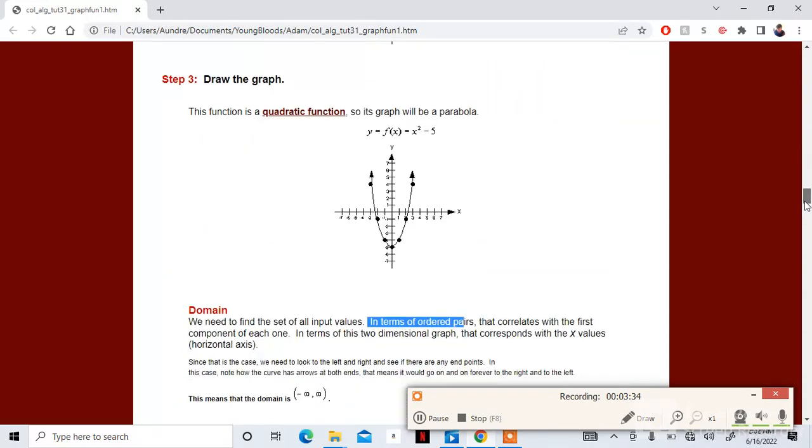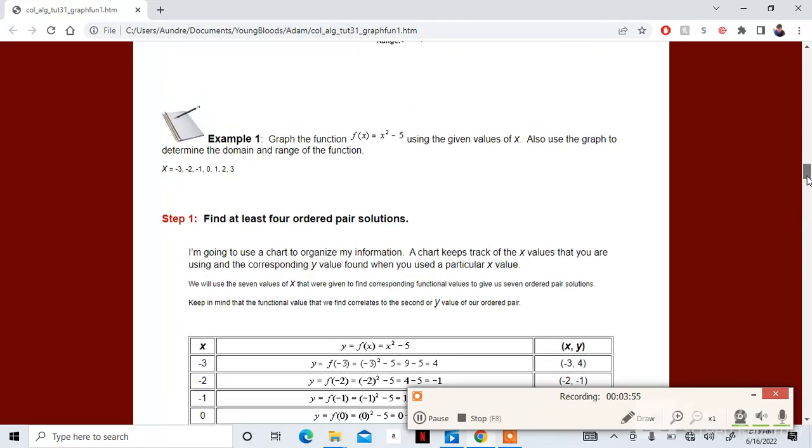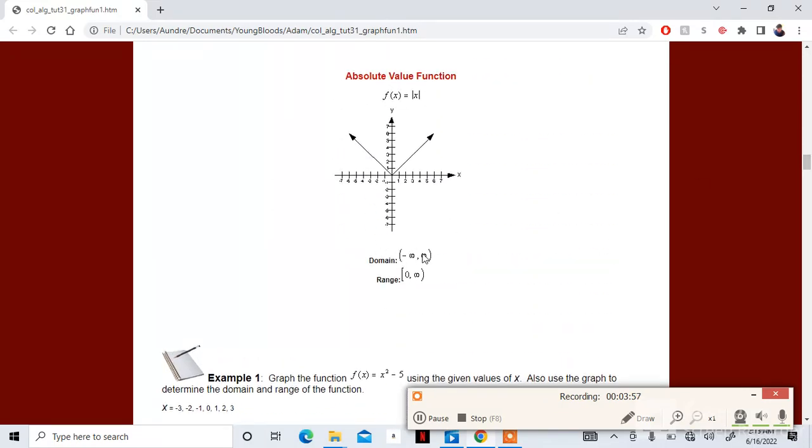Okay? And that correlates with the first component of each one. Hold on, let me think. Okay, first component, second component. So the domain, first component.